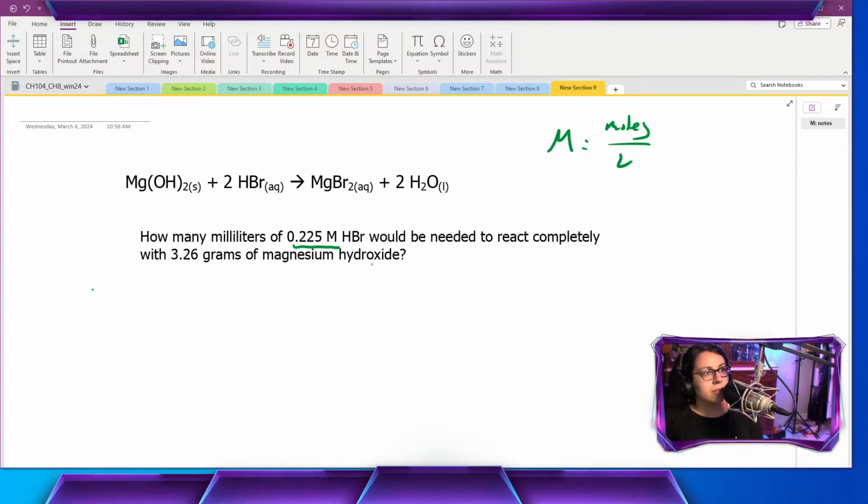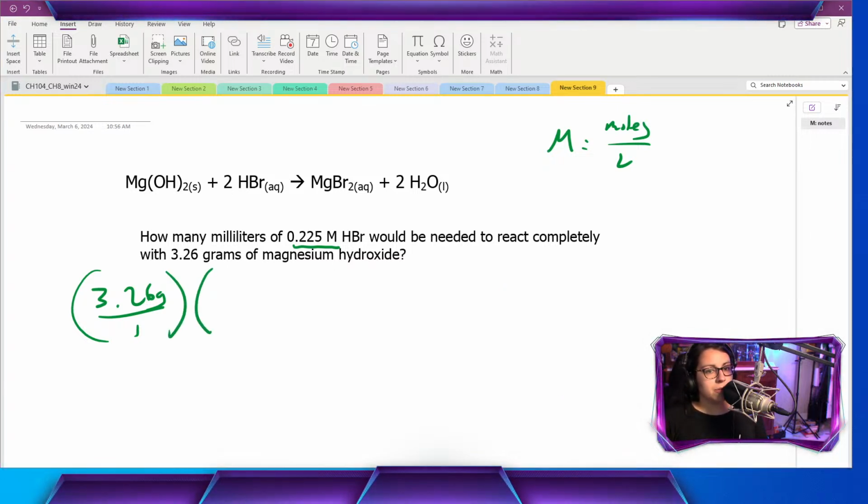And so let's start. So we have 3.26 grams of magnesium hydroxide. And this time I'm going to look up the molecular weight of magnesium hydroxide. And so I see that it is 58.32 grams per mole. So then we divide, right? 58.32 grams.